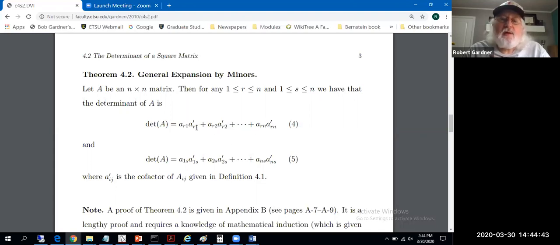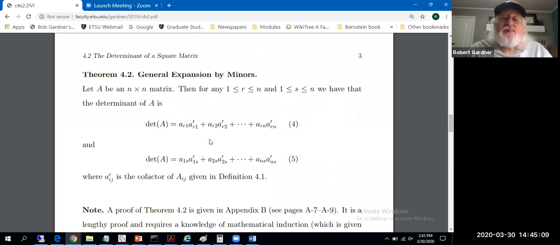It depends on the even and oddness of the sum of those indices. If r plus 1 is even, we'll have -1 to the even times some determinant stuff. If r plus 1 is odd, we'll have -1 to the odd. So it'll be positive or negative. I can't tell you unless I know more about r and 1. Is r plus 1 even or odd?